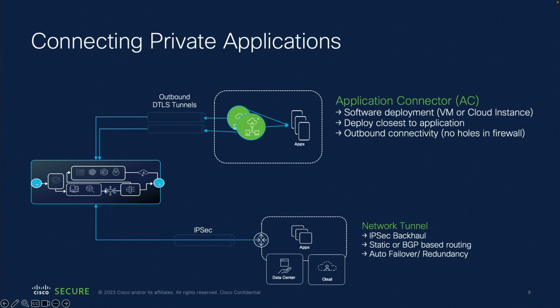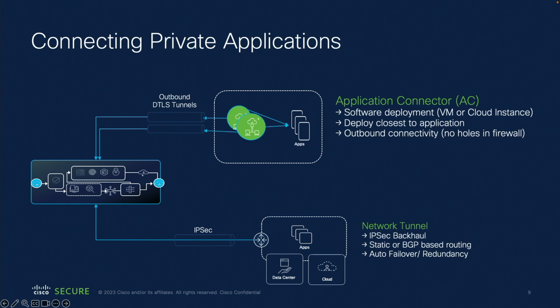Now, up here is another piece of what we're introducing today, the application connector. This is a little piece of software, a VMware image, or it could be a cloud instance. You can deploy it in the cloud. It's an agent, if you will, that you deploy closest to your applications.